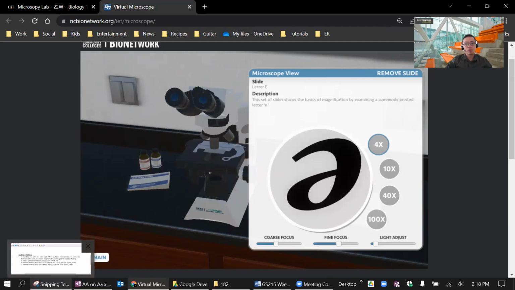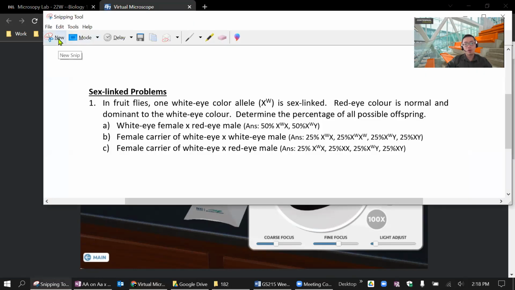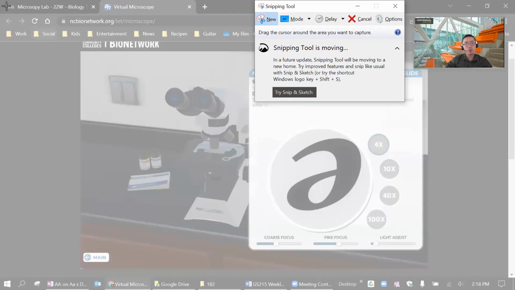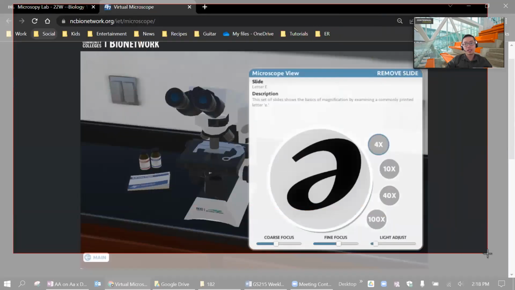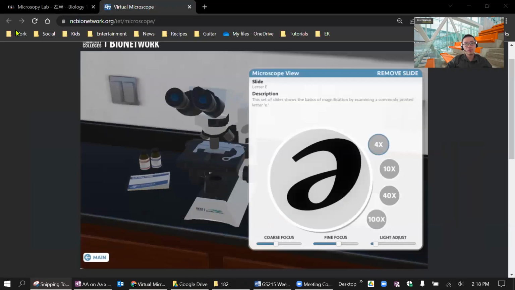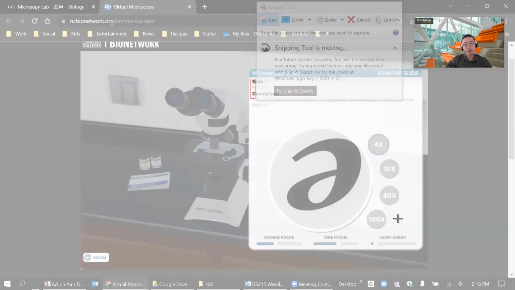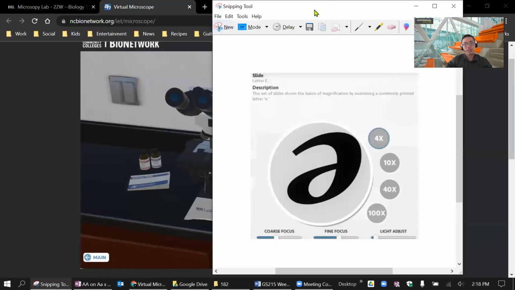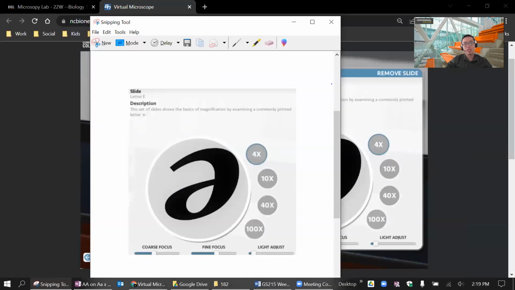I want you to take a picture. You can use your phone or the snipping tool. When you use the snipping tool, don't take the whole screen. Just capture the microscope part, then copy that into the document and resize it.